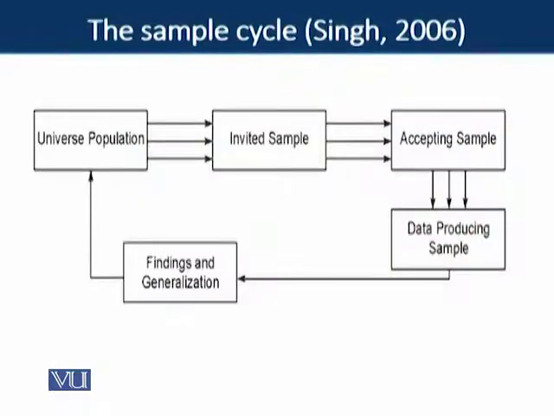Within this figure, when you have decided about your universe population, right, you are making sure through various possibilities, through various steps, that the participants of the invited sample are actually the representatives of the actual population, the universe population, right? And the next step is the accepting sample, right?